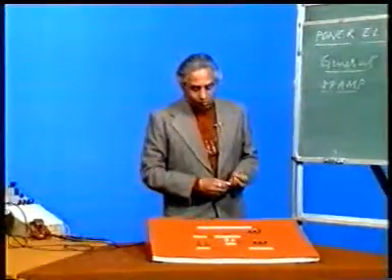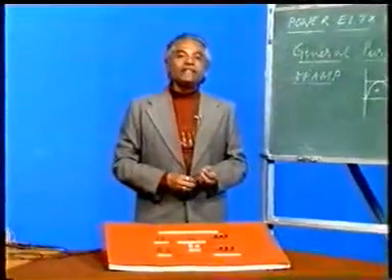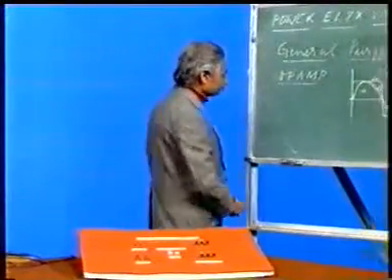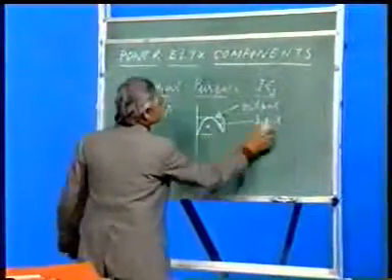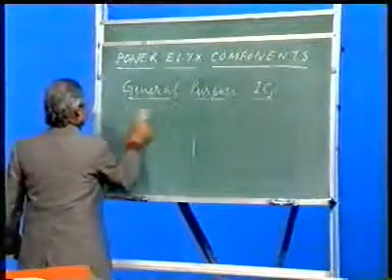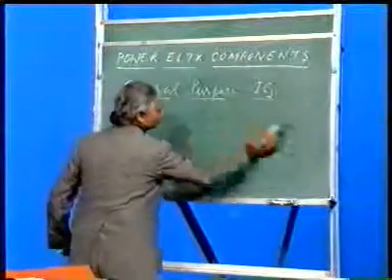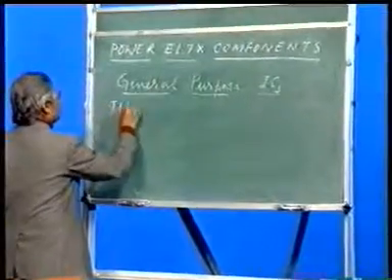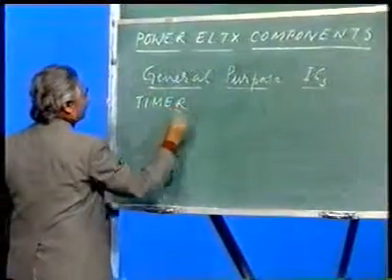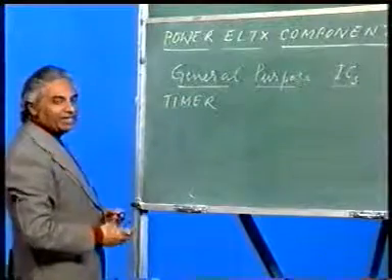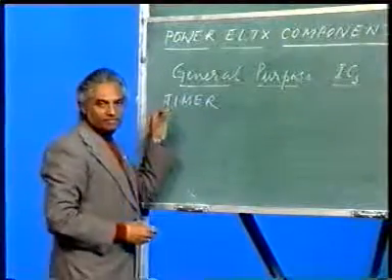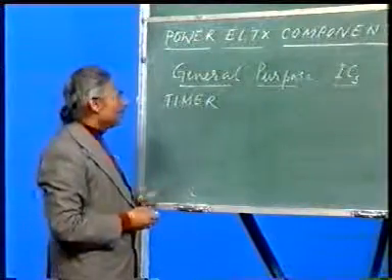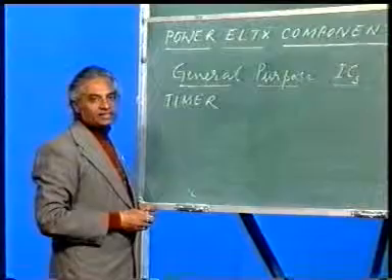Now, we will take up the second component, a very important component, which is the timer. Timer, as the name indicates, is a basic device which will generate times, and naturally it works on the principle of multivibrators.